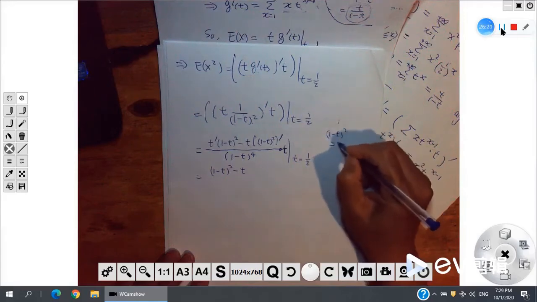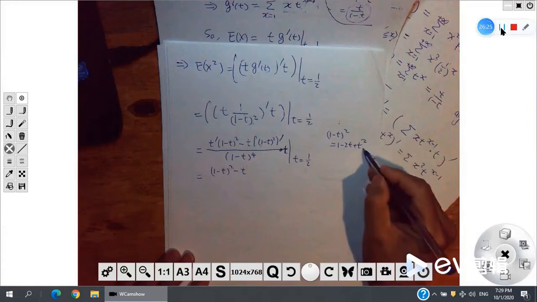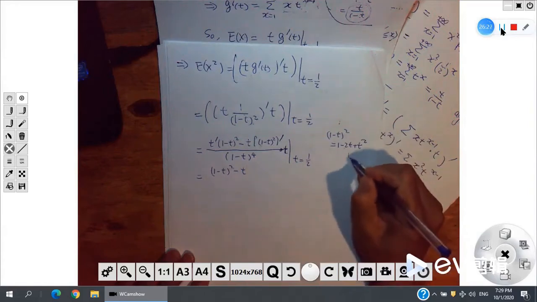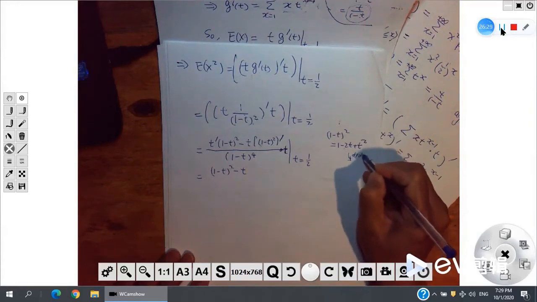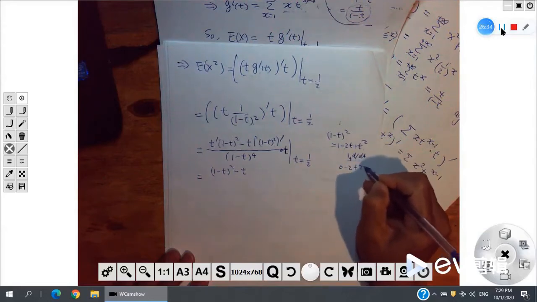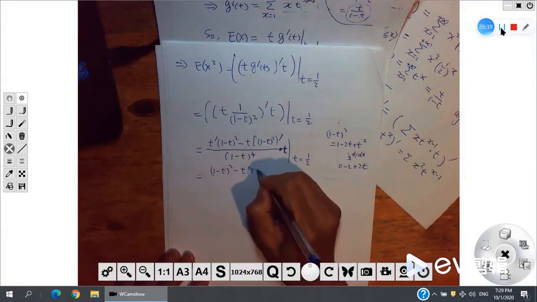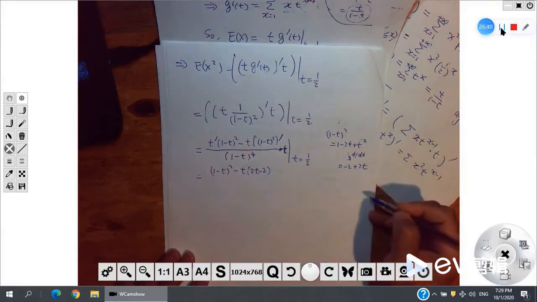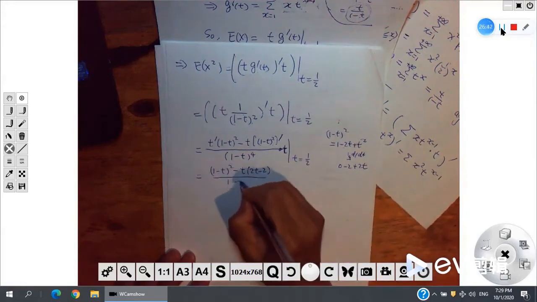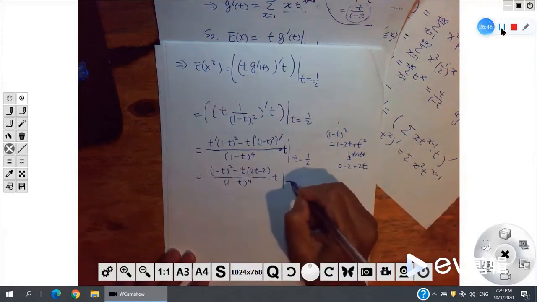It equals 1 minus 2t plus t squared. Taking the derivative d over dt, I get 0 minus 2 plus 2t, so it's 2t minus 2, over (1 minus t) to the 4th, times t, and t is 1/2.